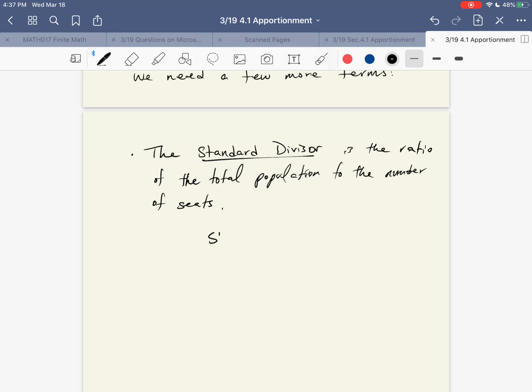In math terms, SD, our standard divisor, is going to be the total population, which remember we represent with a capital P, over the number of seats, which is capital M. What does this mean for us? Well, the standard divisor is exactly the number of people which correspond to one seat. So if you take the total population in the country and divide that by the number of seats, you get the number of people which correspond to a single seat.